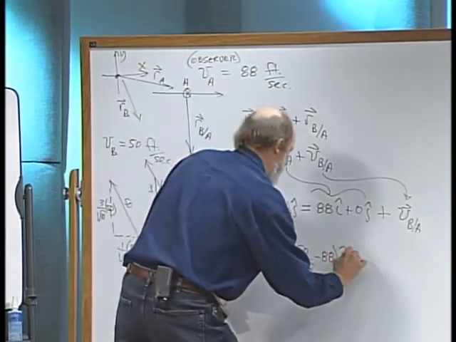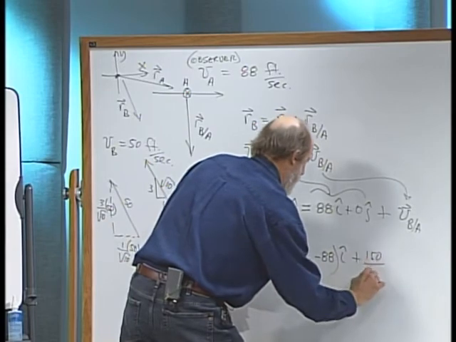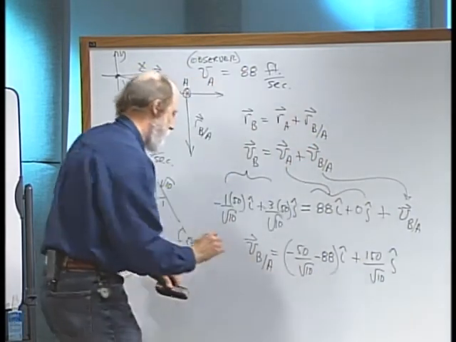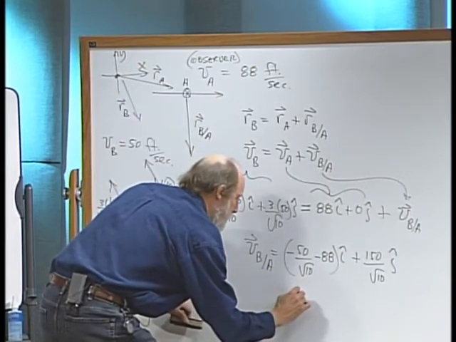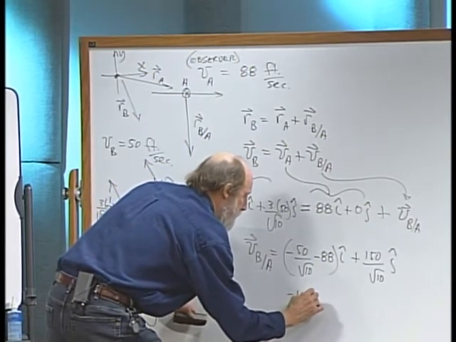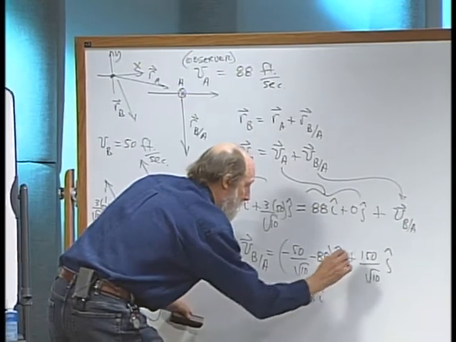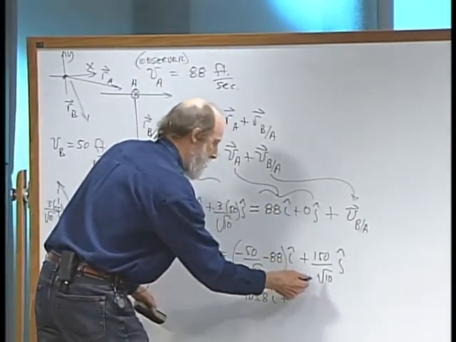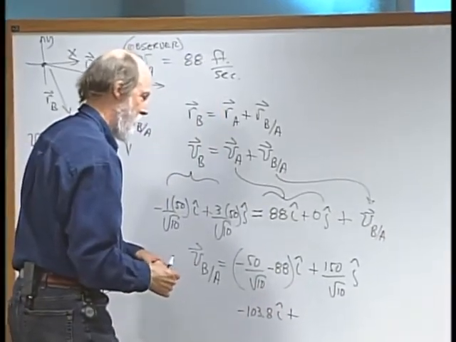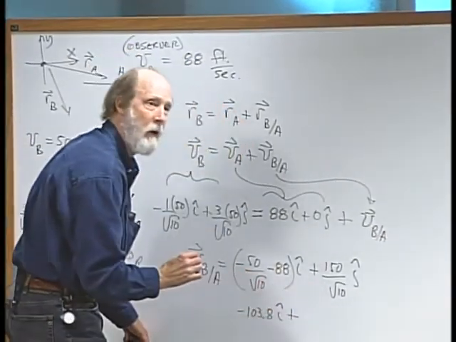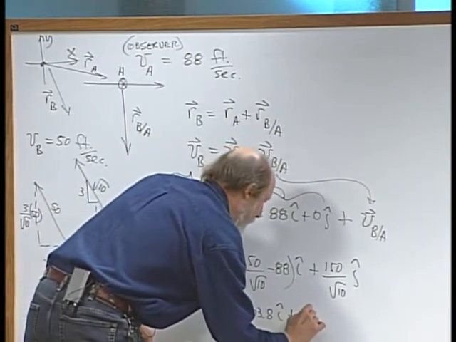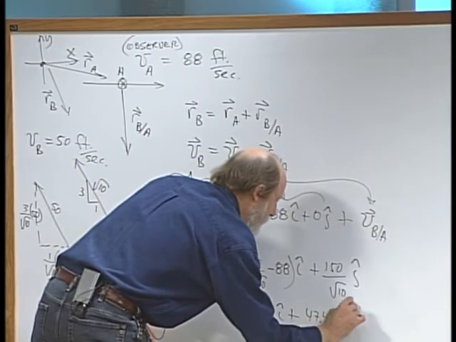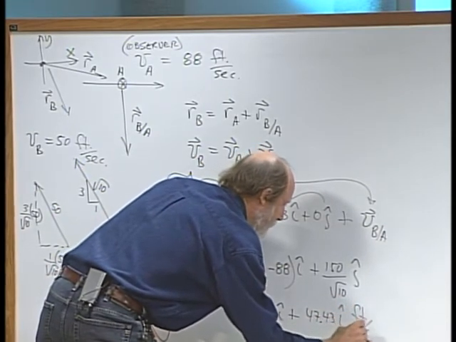Plus 150 over radical 10 J. Negative 103.8. Okay, and 150 over radical 10? 47.43. Units feet per second, I believe.